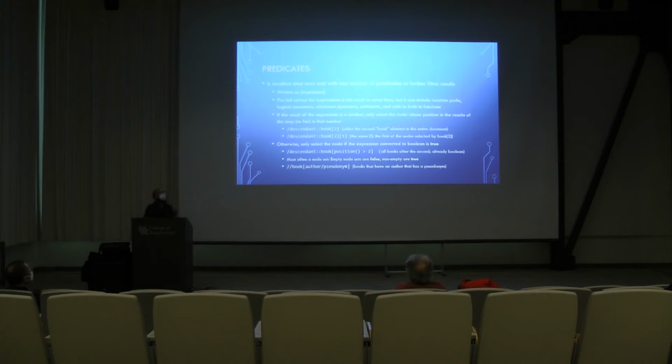But predicates let you get into a little more detail about which ones you care about. After you've figured out what the axis and node test select, what your potential set of answers is, you then apply the predicates to it.